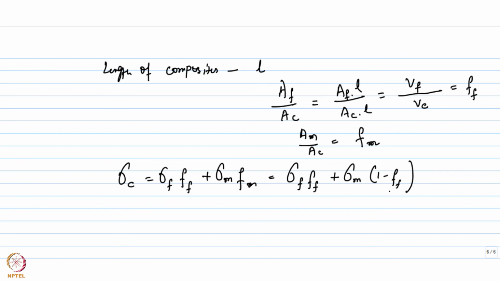Vm is equal to 1 minus Vf because the sum of these two is 1.